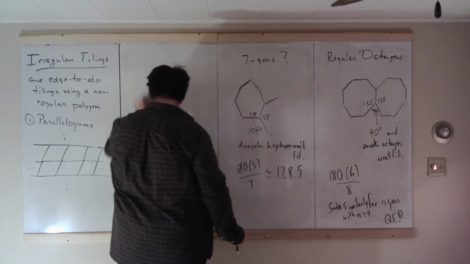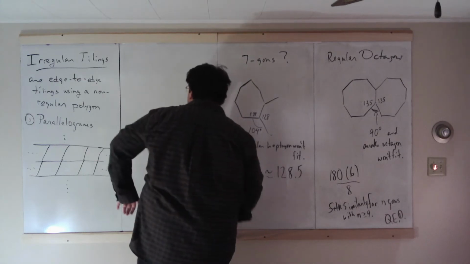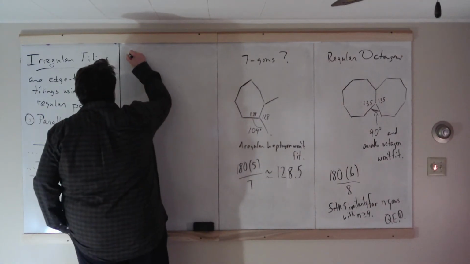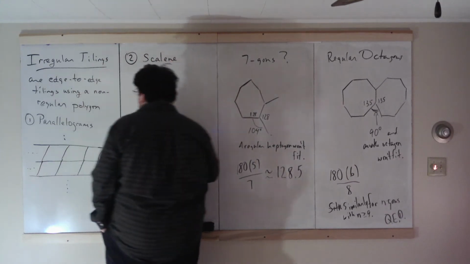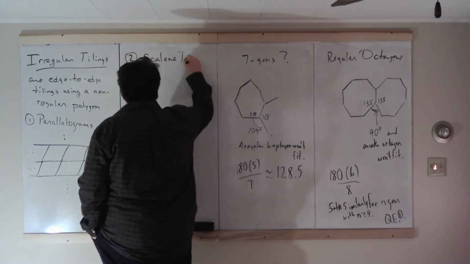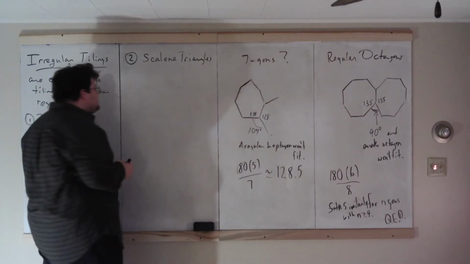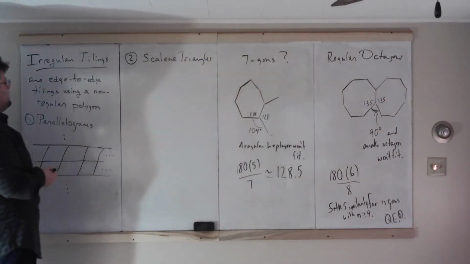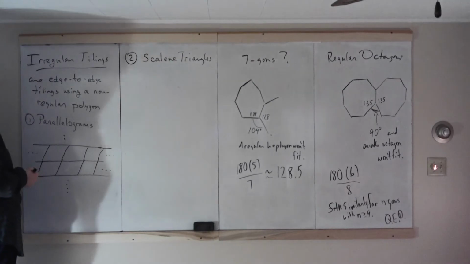Trapezoids follow a similar argument because they have one pair of parallel sides, they can fit within the strips. We saw for equilateral triangles. On the homework or maybe the worksheet will be isosceles triangles.